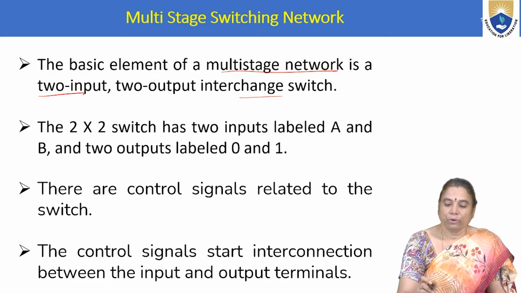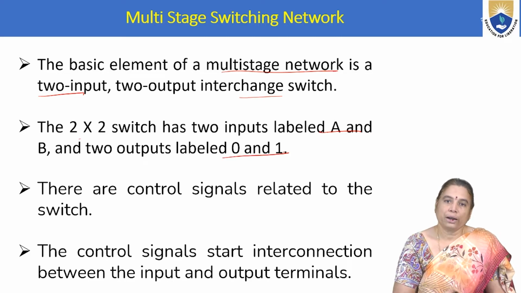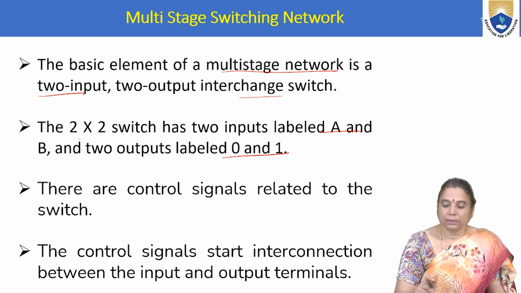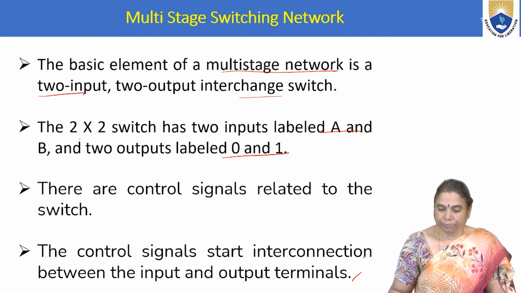The 2x2 switch has 2 inputs labeled A and B and 2 outputs labeled 0 and 1. There are control signals related to the switch, and the control signals start the interconnection between the input and output terminals.